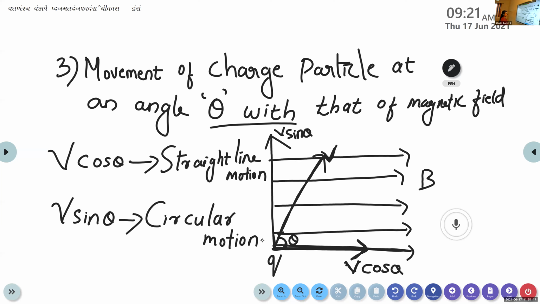So here the two components are present. One is the parallel component, that is v cos theta, and the other is the perpendicular component, v sin theta. So v cos theta is responsible for the straight line motion of the object, and v sin theta is responsible for the circular motion of the object. Due to this combined effect of the straight line motion and circular motion, it follows another path.